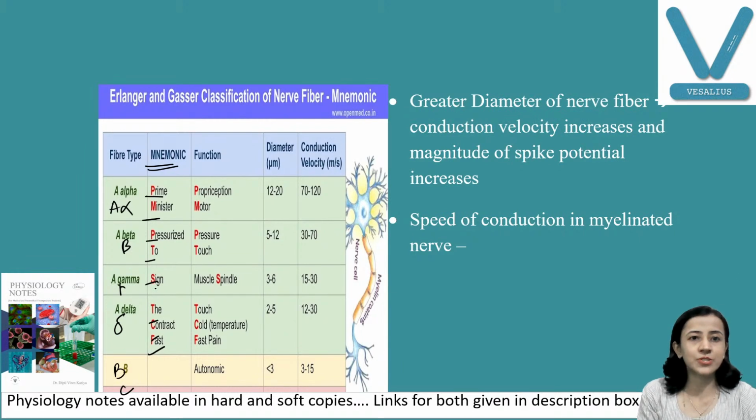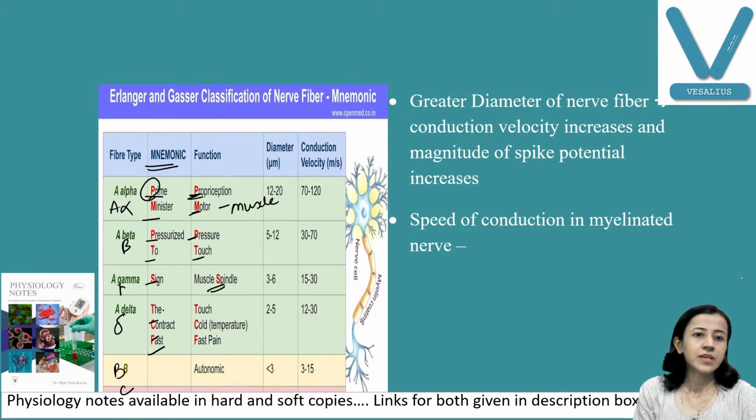Okay, so I'll show you. So A alpha fiber, prime means they carry proprioceptive impulses. Minister means motor from muscle spindle. Okay, pressurized, so impulses from pressure. A beta: T for touch, sign means muscle spindle. A gamma.